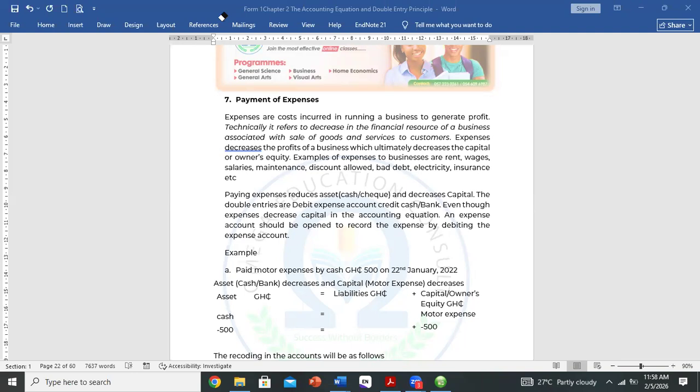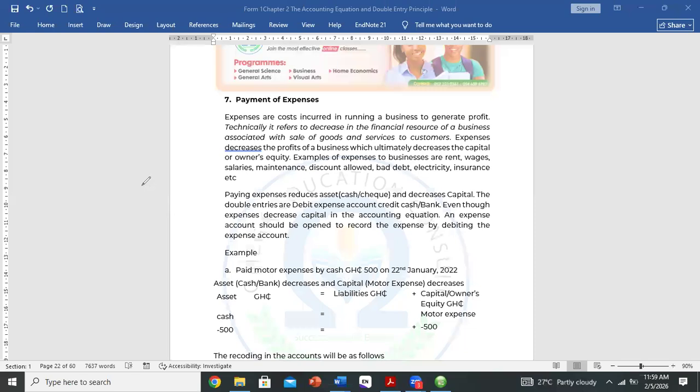Because you remember from the beginning that we said the elements of accounting are 5, right? But in the accounting equation, you only see 3, which is asset, liability, and what? Capital. So when the question asks you to show the effect on the accounting equation, you can only speak about asset, capital, and liability, right? So what if the transaction is an expense?